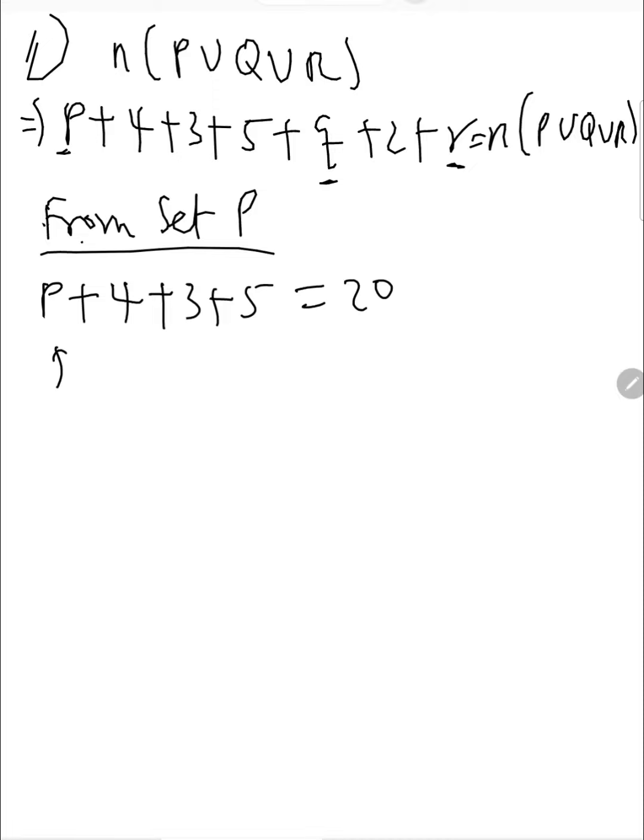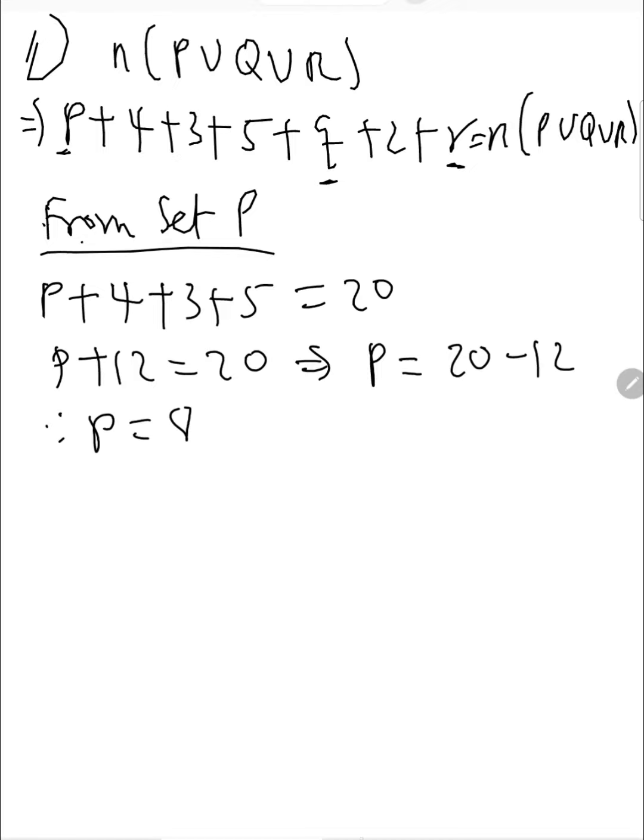So now we have P plus 12 is equal to 20. So P will give us 20 minus 12, which is equal to 8. Okay. So P is equal to 8.